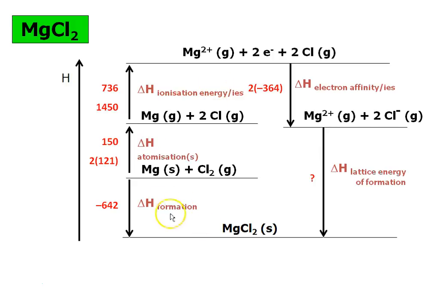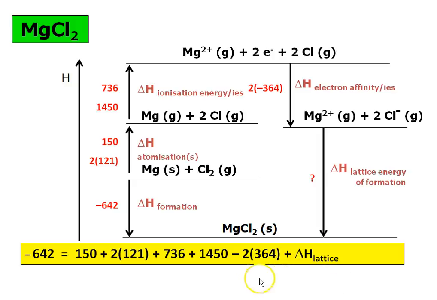So our equation said that delta H of formation was equal to the sum of all the rest. So we're going to have to rearrange this equation slightly so that we can come to find enthalpy change of lattice energy. Okay, so here we are, minus 642 and all the other values plus enthalpy change of lattice energy.